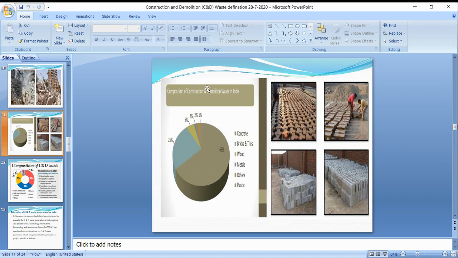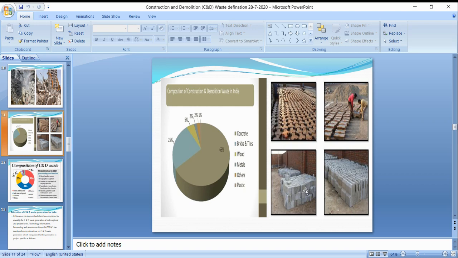So for that, we have to see the compositions. The composition of the materials is also important. For concrete, the main part is cement. So cement cannot be reused easily, we have to see. And the bricks can be reused.